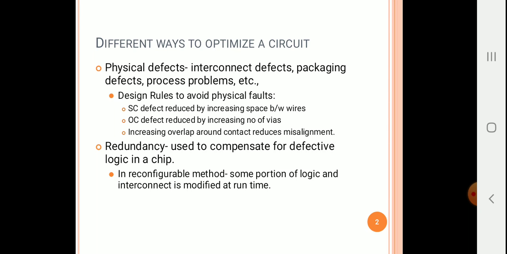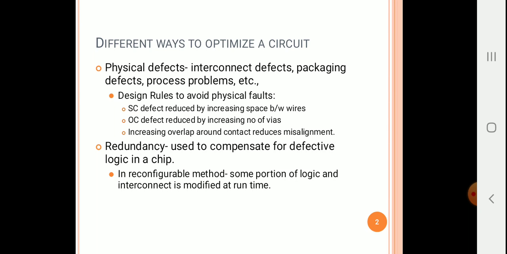The second kind of optimization is about redundancy. Purposefully, the same set of circuits can be added in the circuit. For example, if a circuit is going to perform addition, there may be a secondary unit which also performs the same operation. This is done because if the primary circuit fails, the circuit can use the secondary circuit to perform the same operation.